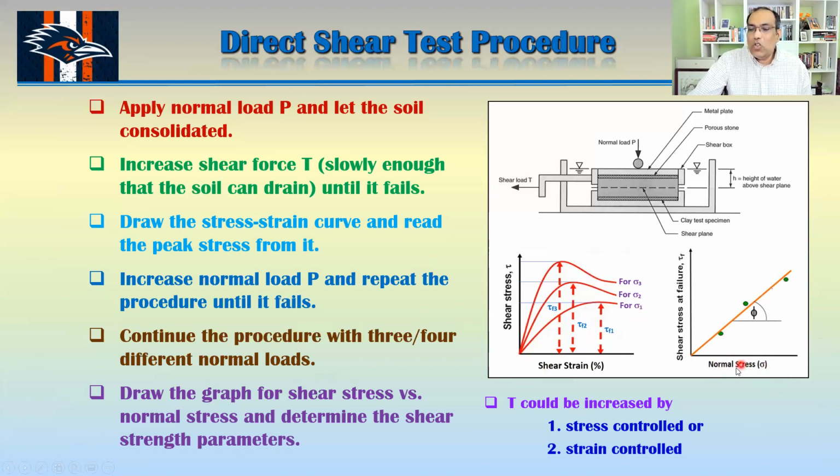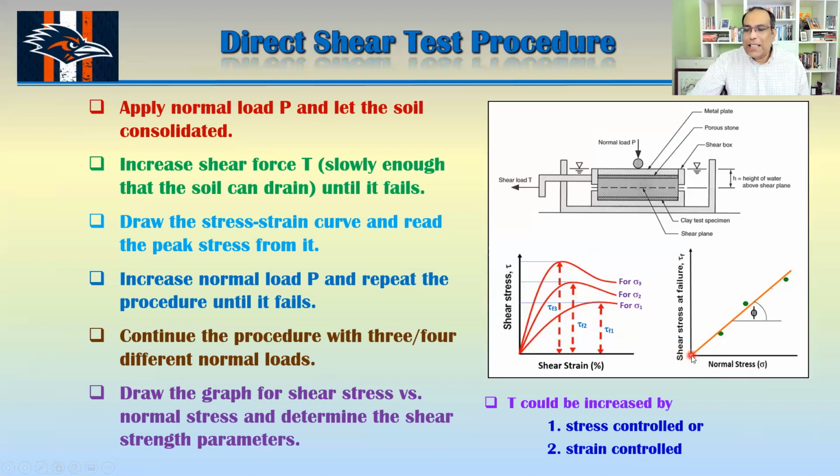This is your normal stress and this is your shear stress. Then basically you plot those 3 points: sigma 1, tau F1, sigma 2, tau F2, sigma 3, tau F3. If you draw the line here, that is basically your Mohr-Coulomb line.